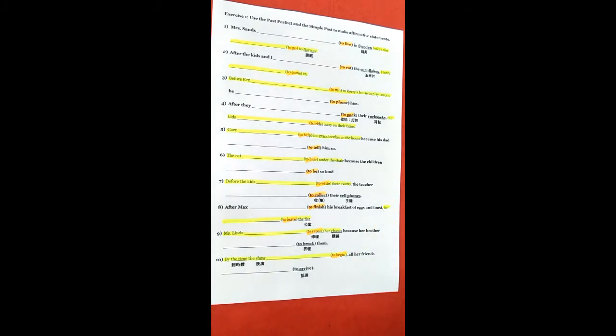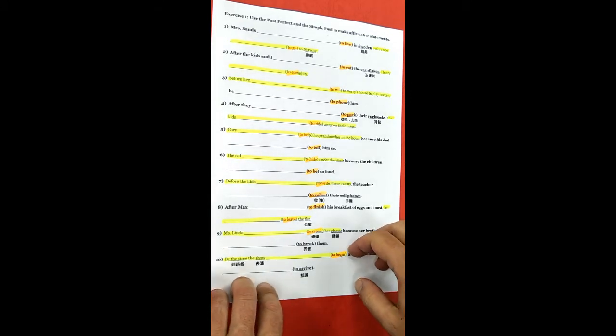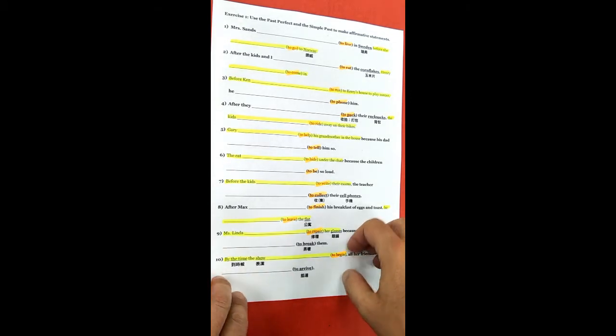Now with the past perfect, it doesn't matter about the subject because the helping verb is always had, right? We don't care. You had, I had, we had, she had. So we don't need to color the subject. But every sentence has two verbs.